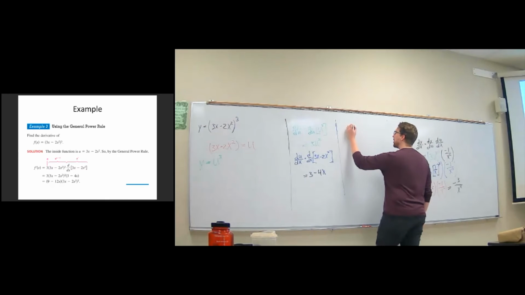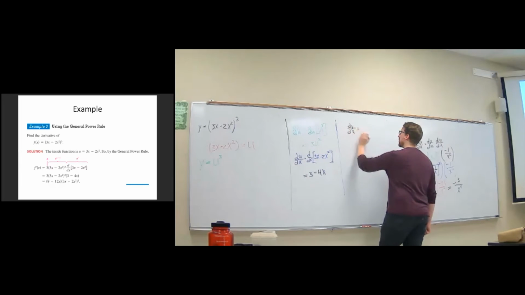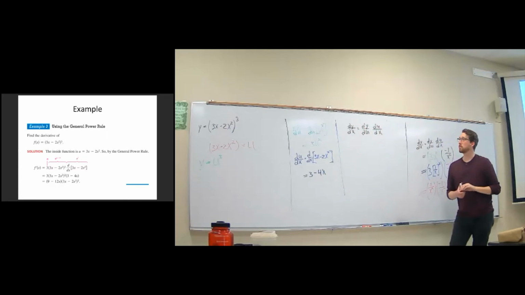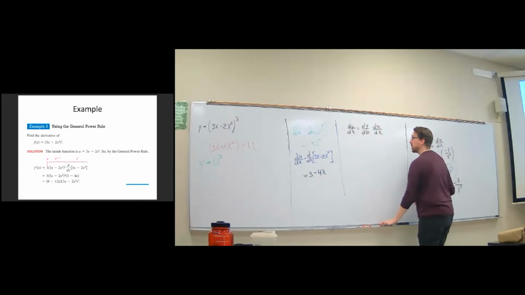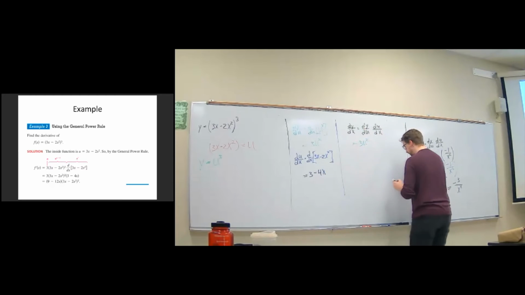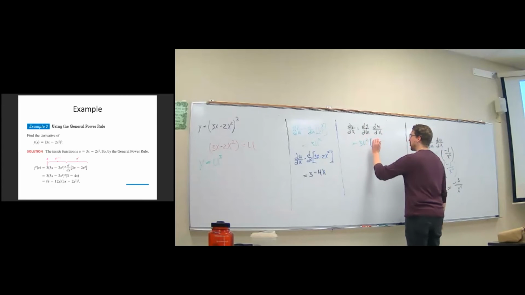Now we want to know how y changes with respect to x. Well, we know how y changes with respect to u, and we know how u changes with respect to x. Putting this all together, we've got 3u squared times the quantity 3 minus 4x.